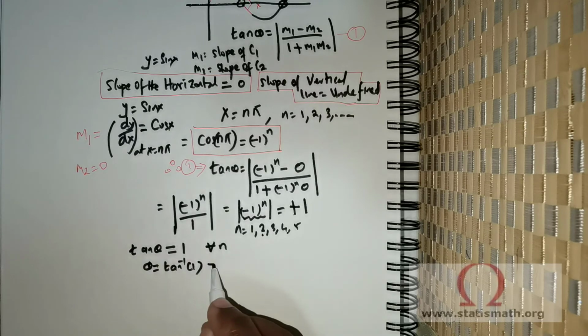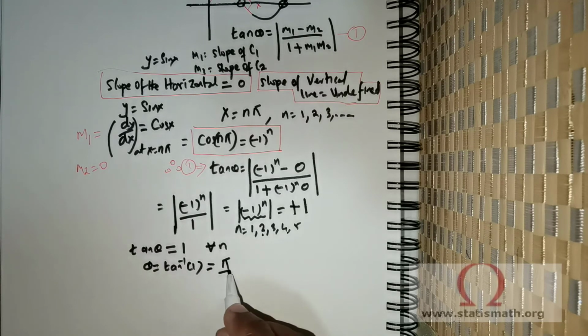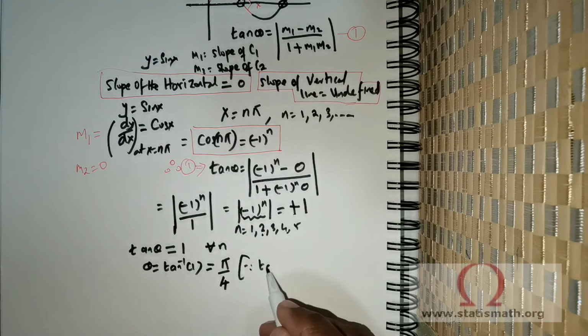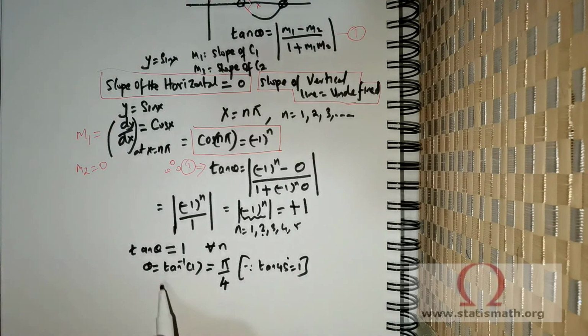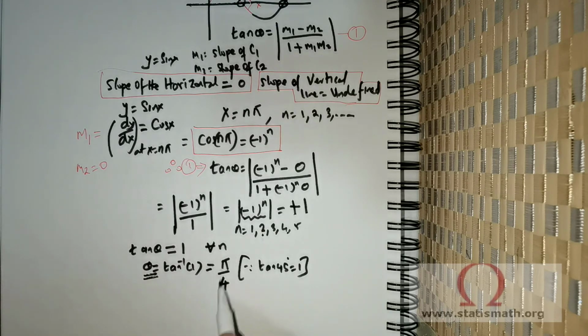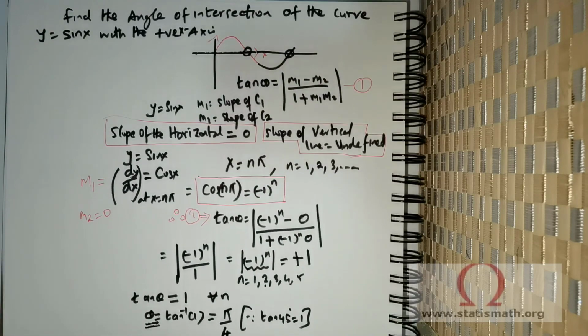And this is only possible when theta is pi divided by 4, because tan 45 degrees is equal to 1, right? So what does it mean? It means the angle of intersection of the curve y equal to sine x with the positive x-axis occurs at theta equals pi over 4. So that completes the solution for this question.